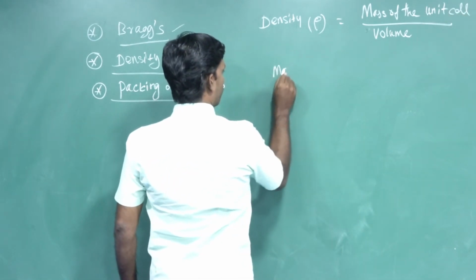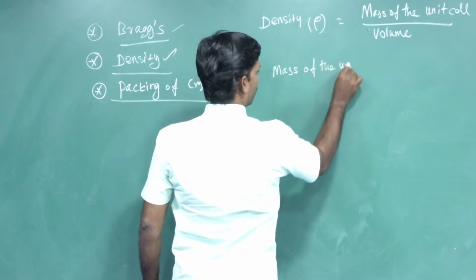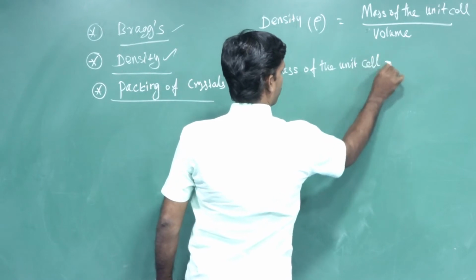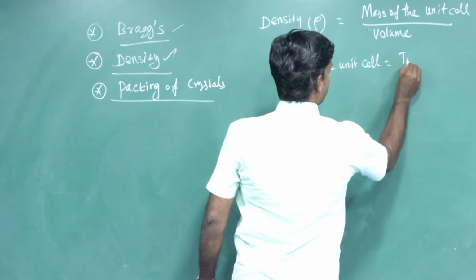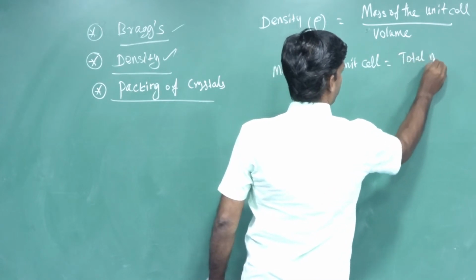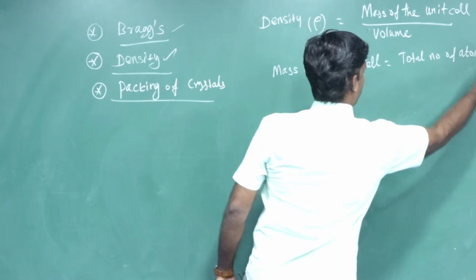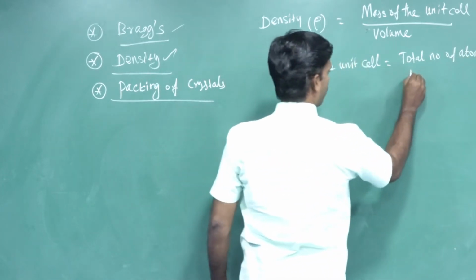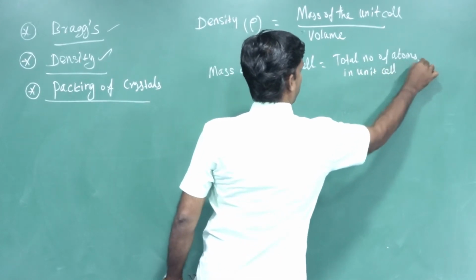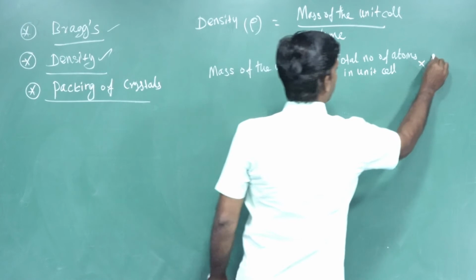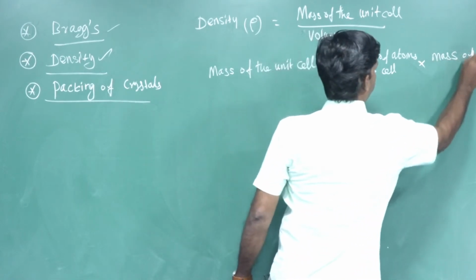The mass of the unit cell is equal to the total number of atoms in the unit cell into the mass of one atom.